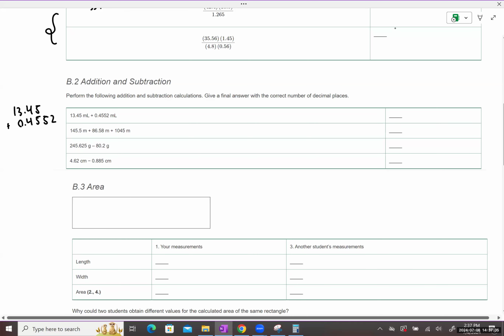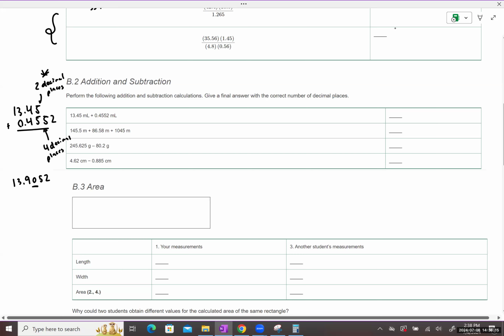Now for addition and subtraction, we retain the least number of decimal places. In this case, we have 2 decimal places in the first number, and the second number has 4 decimal places. So based on that, if we're retaining the least number of decimal places, we're going to retain 2 decimal places in our final answer. Adding these values together, we get 13.9052.